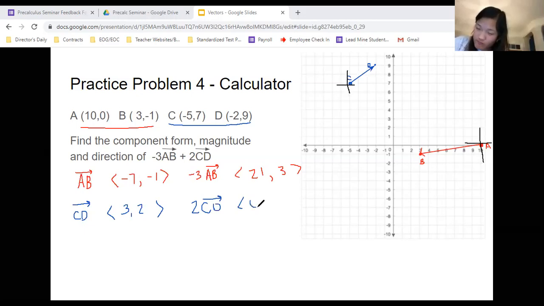I am going to get 6 and 4 for my components. And then to add those two together, I'll add my x components and my y components to get 27, 7.